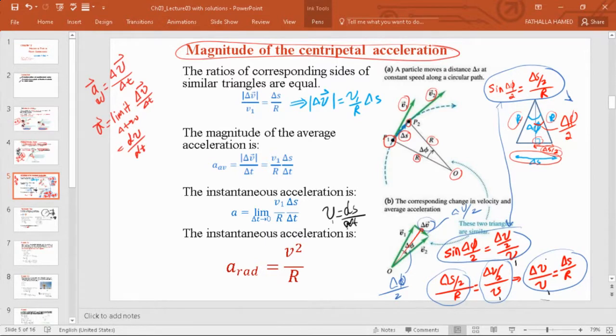If you look at what I did here, I did not put an arrow on the top. I'm just taking the delta V, but I'm putting the absolute value here just to tell you that I'm taking the magnitude of delta V, which over V1 will equal delta S over R1, which is this result here. So from this equation, the magnitude of delta V will equal V1 over R delta S.